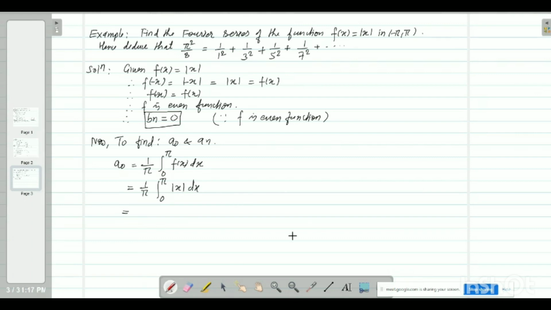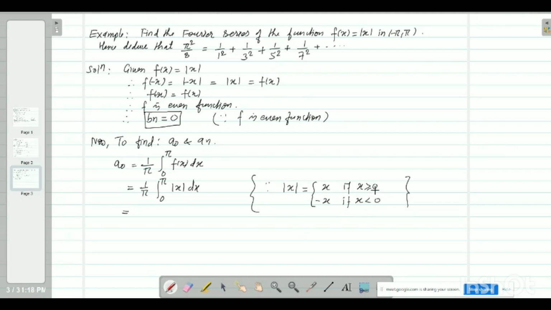Mod of x is defined like this: it is x if x is positive, and minus x if x is negative.